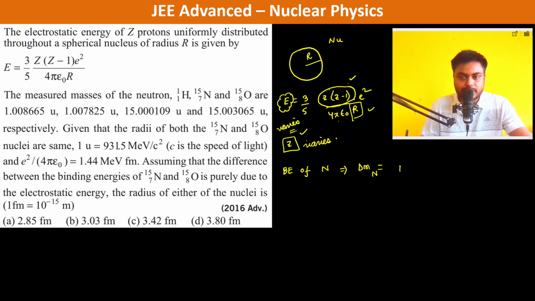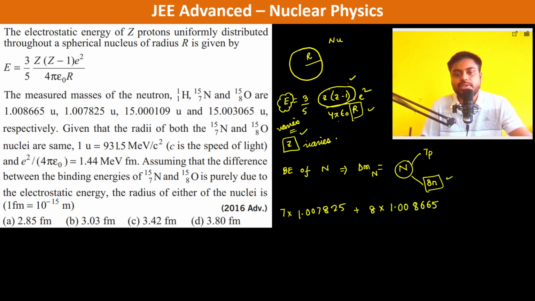If you see, nitrogen is composed of 7 protons and 8 neutrons. So ideally the mass should have been 7 into 1.007825 for the proton, plus 8 into 1.008665 for the neutron, but it is not this much.